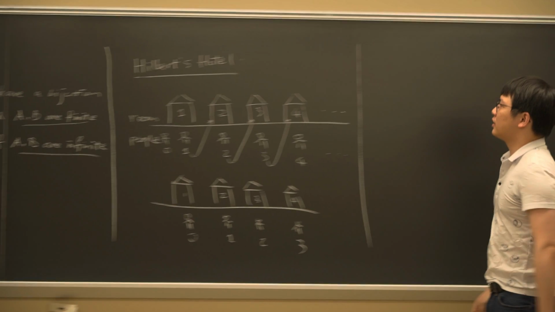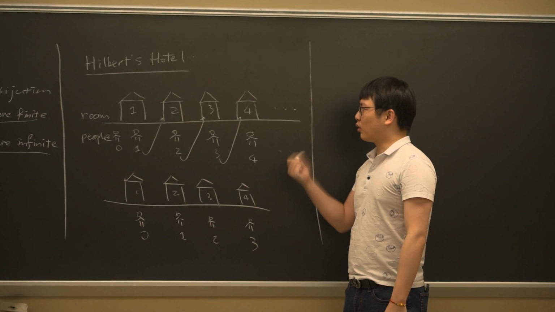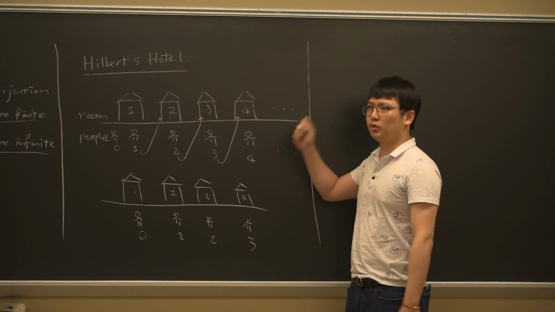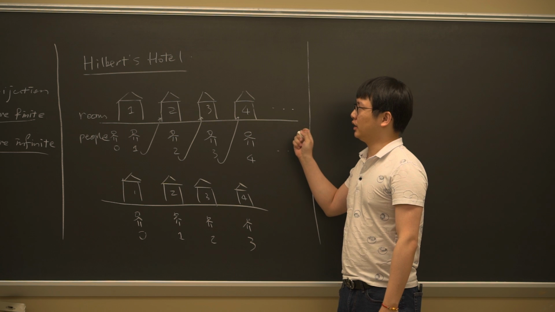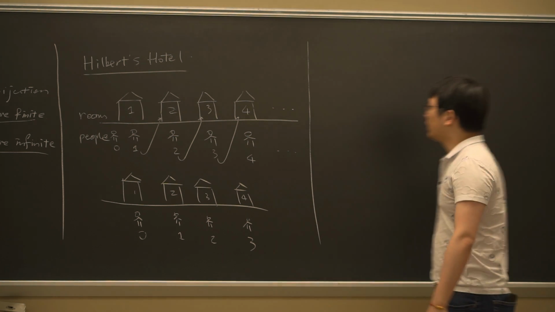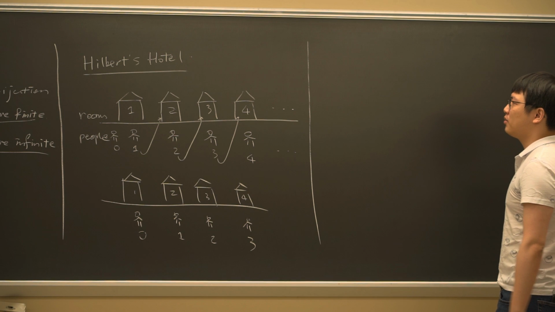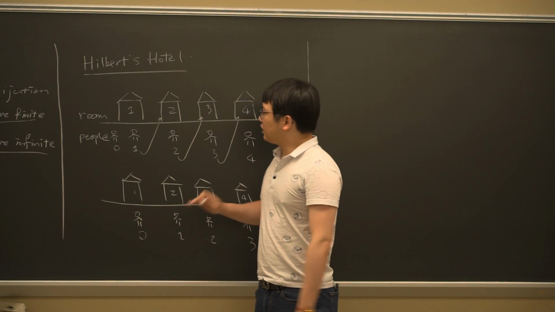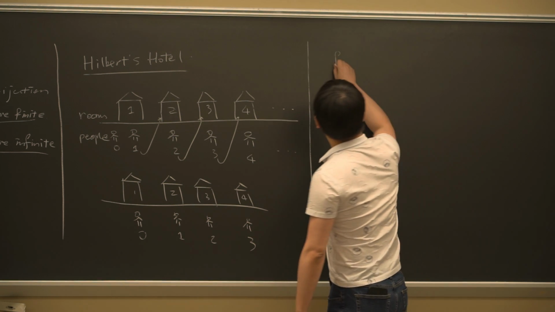So this is a very interesting situation. Again, the important thing is we definitely need to have infinitely many rooms. Otherwise, someone will have to move out. But this is possible when we have infinitely many rooms. Okay, so let's observe this phenomenon again using mathematics. What we have actually done is construct such a map.